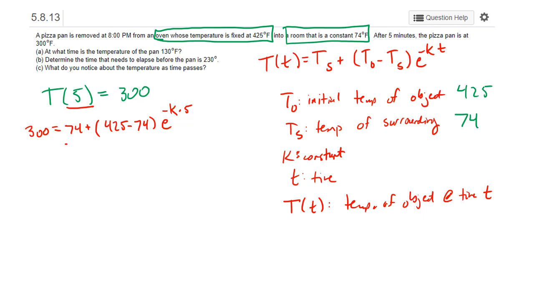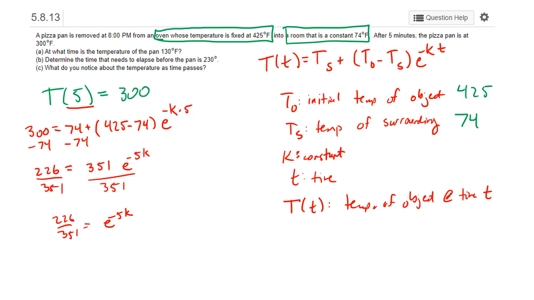I'm going to subtract 74 from both sides to get 226 is equal to 425 minus 74, which is 351, times e to the minus 5 times k. Now I can divide by 351. So we get 226 over 351 is equal to e to the minus 5k.